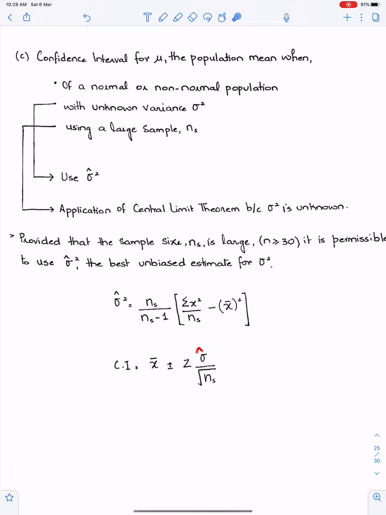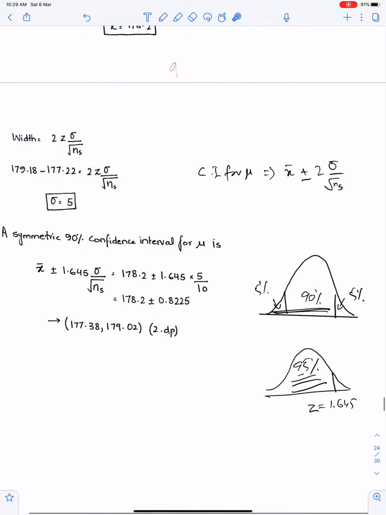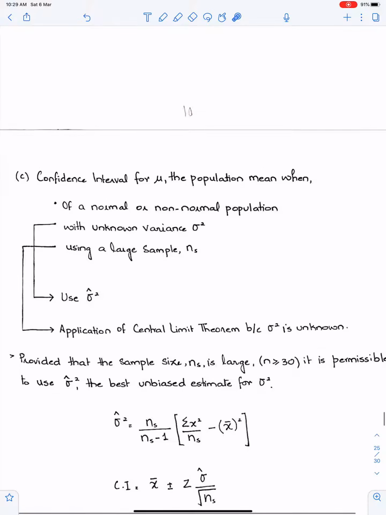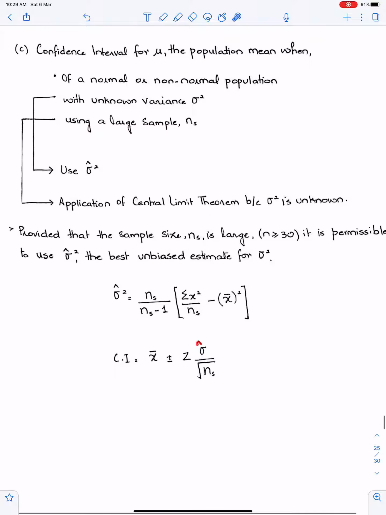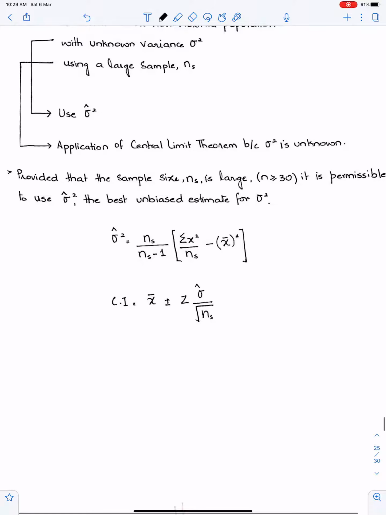Instead of using sigma, we have to use sigma cap. Just this thing is different and the rest is the same. And the width of the confidence interval will be 2 times z sigma cap over square root of n, meaning twice of this thing.